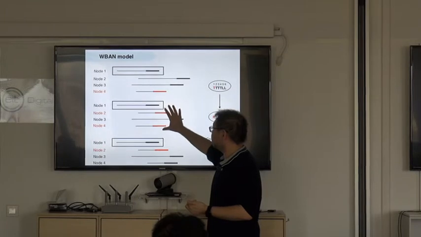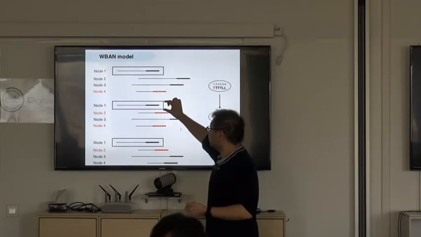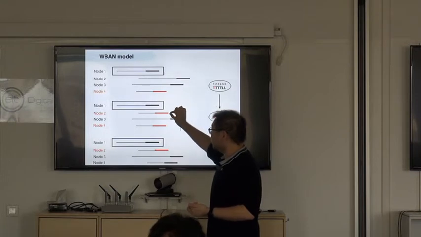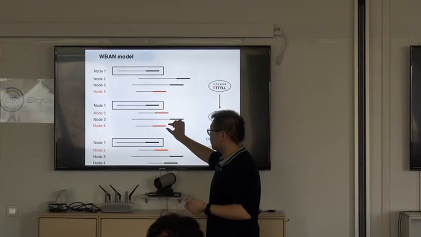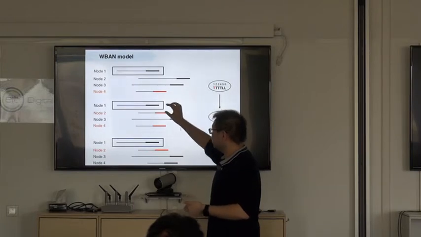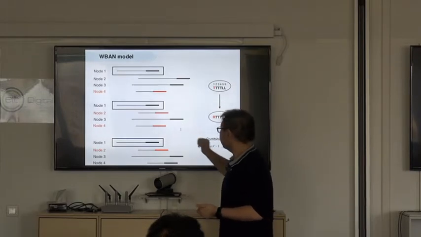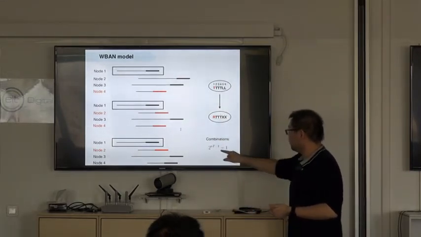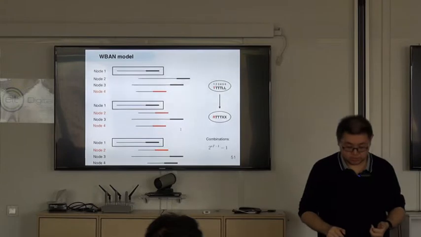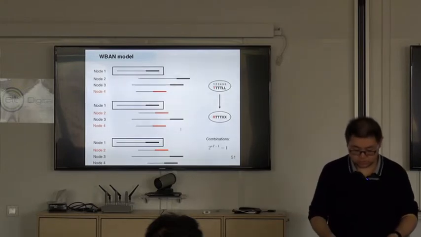So the probability in this case is that the first node has interference with the second, has interference with number 4, and has no interference with node 3. And the number of all combinations is 2 to the power of the number of T in the state minus 1.